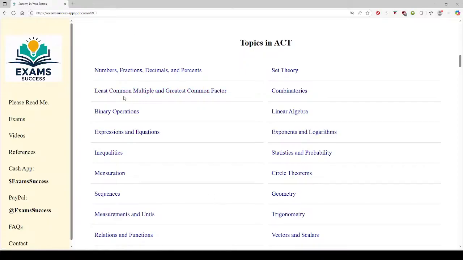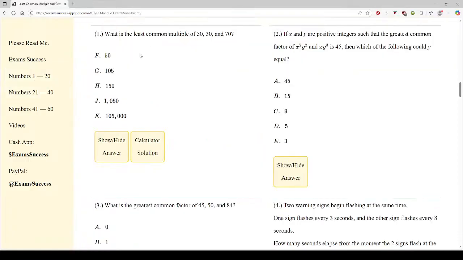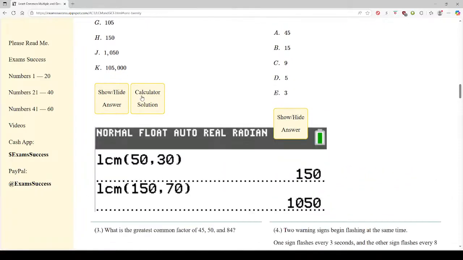Today we're gonna do this one, LCM and GCF. I'll start from here. You can just go to numbers 1 to 20. As you can see, this is the first question here, and this is the calculator solution.